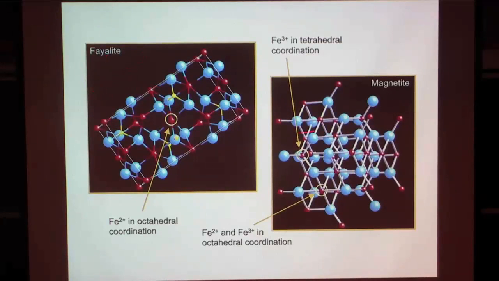So fayalite and magnetite. In fayalite, we have iron 2+ in octahedral coordination. Okay? In magnetite, we have iron 3+ in tetrahedral coordination. Remember, lower coordination number and higher oxidation state incorporate the heavy isotopes. And we have iron 2+ and 3+ in octahedral coordination.